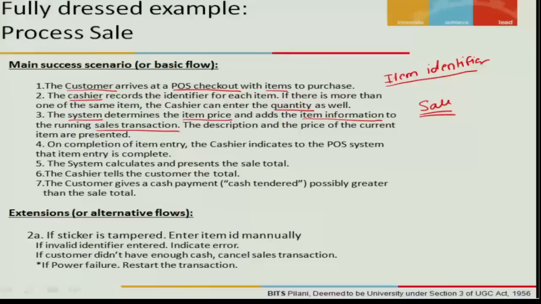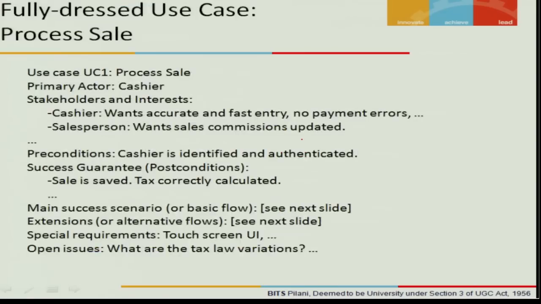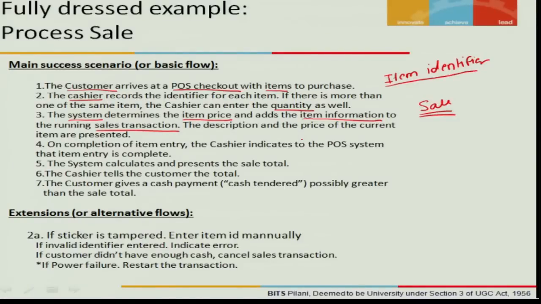Now the question is whether all nouns will appear as domain concepts. Some of the nouns or noun phrases are candidate concepts, that means they are domain concepts. But some of the nouns you identified are not domain concepts; they are attributes of other domain concepts. Let us look at our noun phrase analysis.